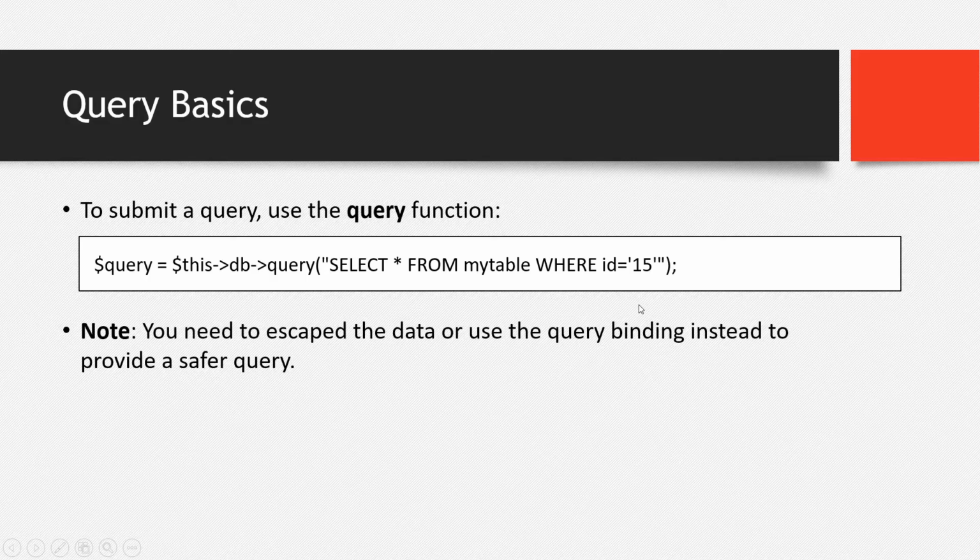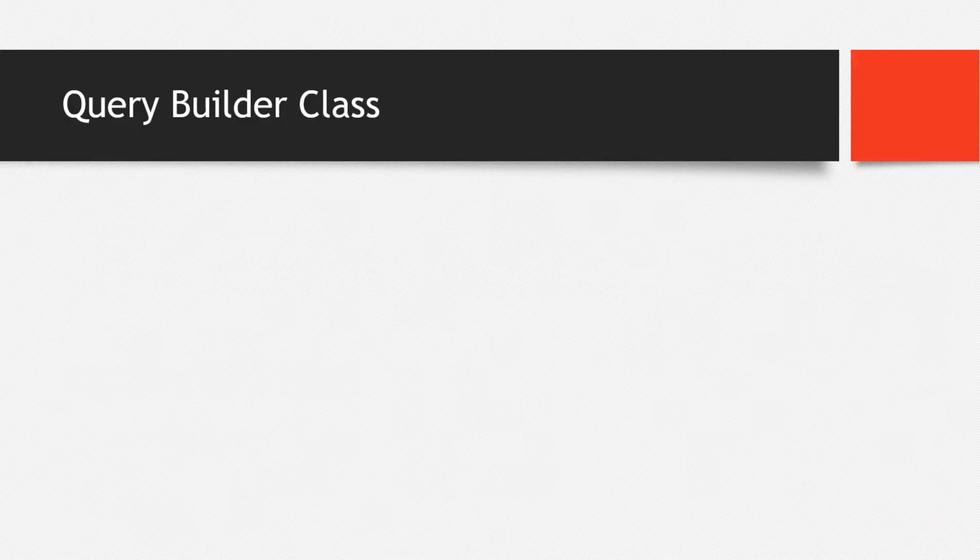Okay, just a note, you need to escape the data or use the query binding instead to provide a safer query. Okay, so the other way is using yung query builder class, which is the getWhere method.